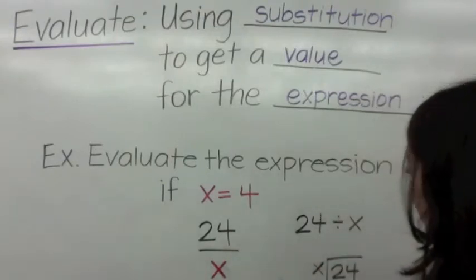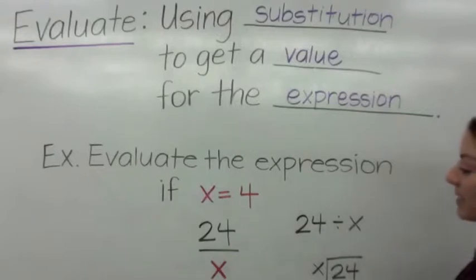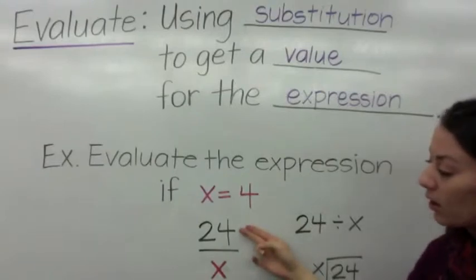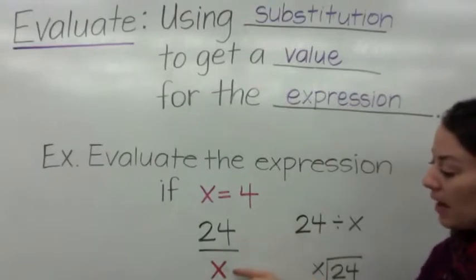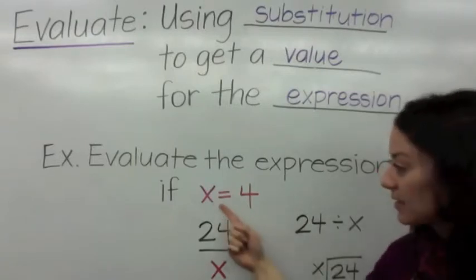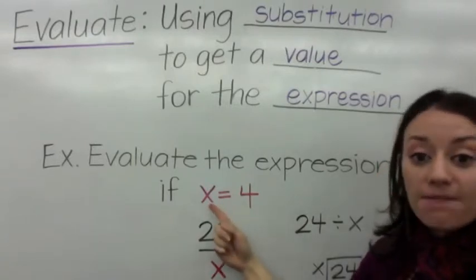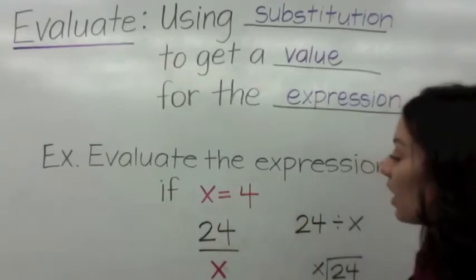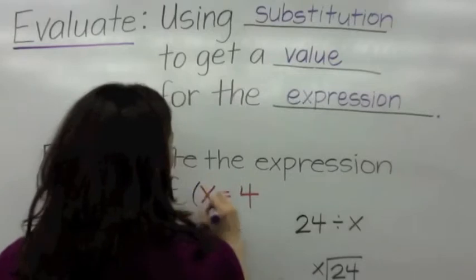Basically, it is saying if you take 24 and you divide it by x, do we know what x is? It tells us x equals 4. So we're going to have to substitute x.